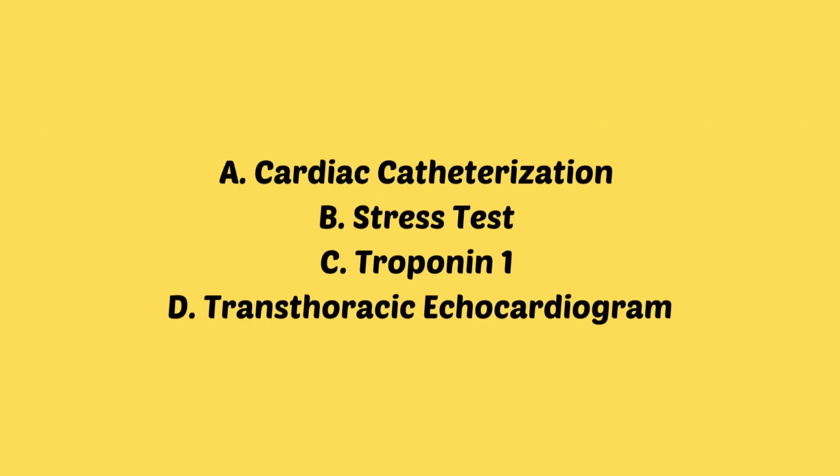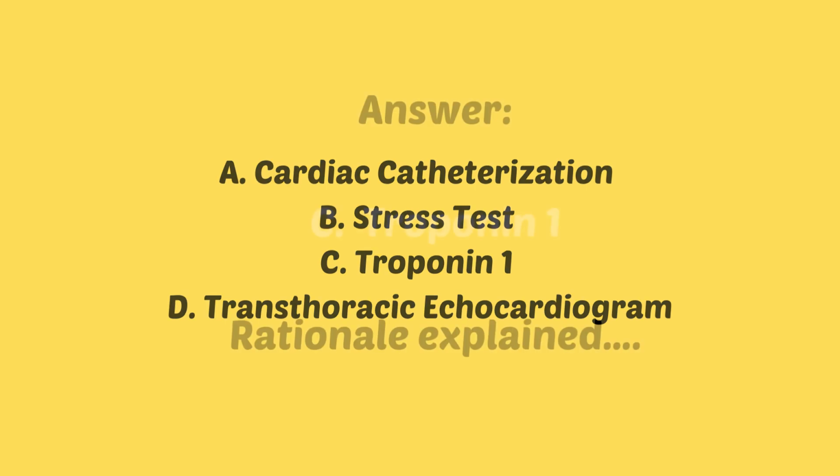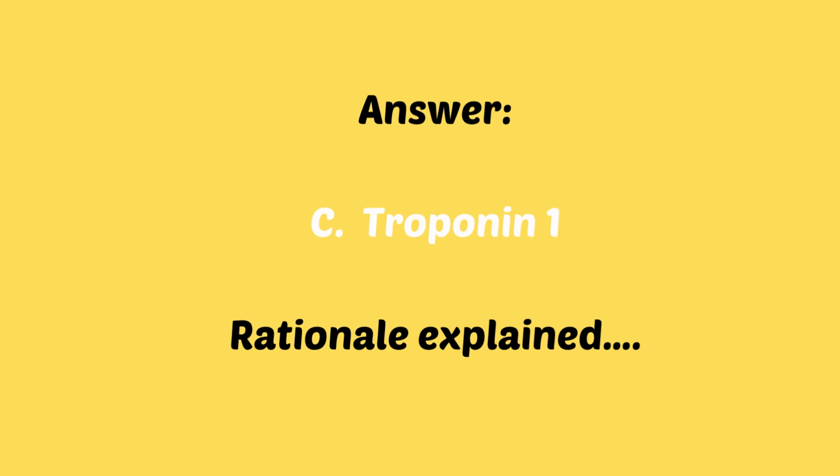Is it A, cardiac catheterization, B, stress test, C, troponin 1, D, transthoracic echocardiogram? If you chose C, troponin 1, you are correct.